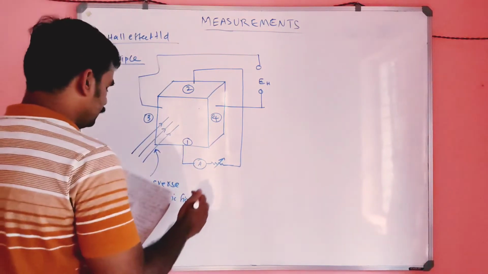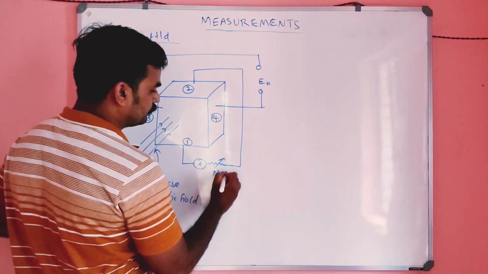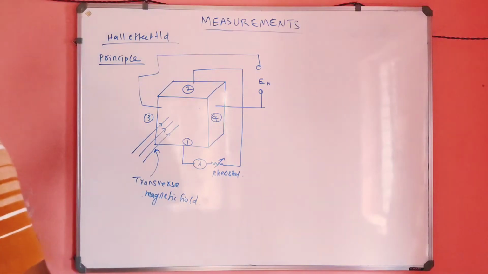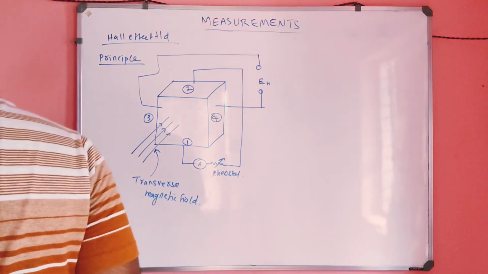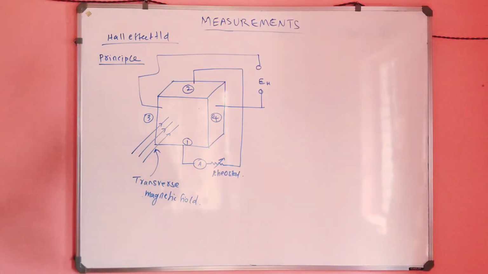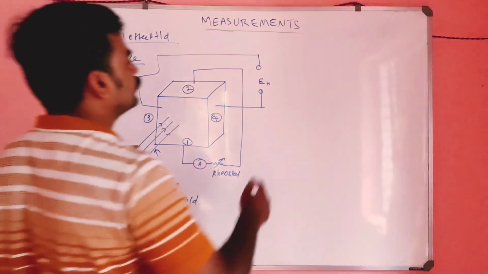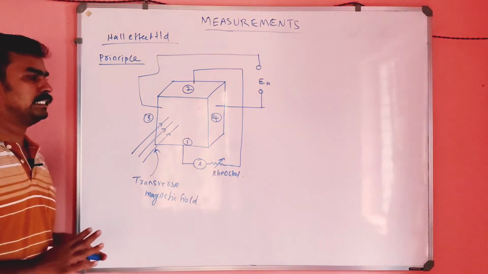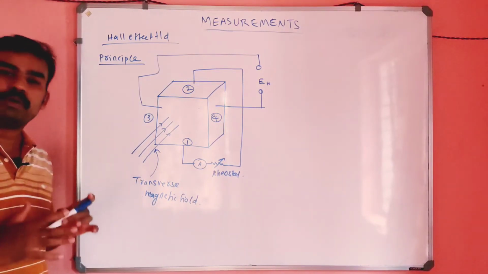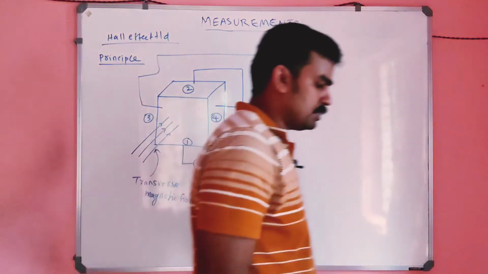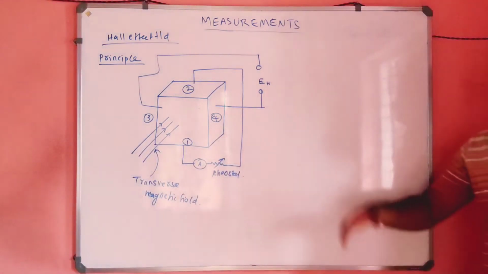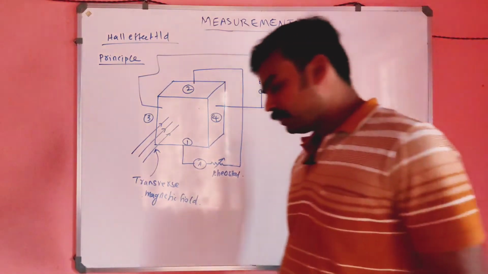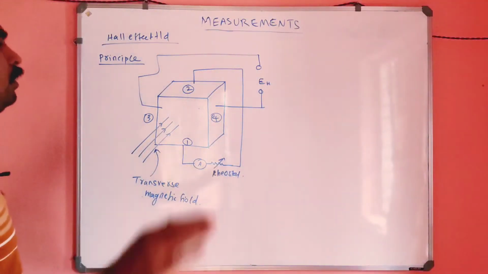Transverse magnetic field. Rheostat. These are my ideas. So let us first discuss what is the principle of Hall effect transducer, and then we can use this transducer for measurement of displacement. Okay. Listen, my dears.